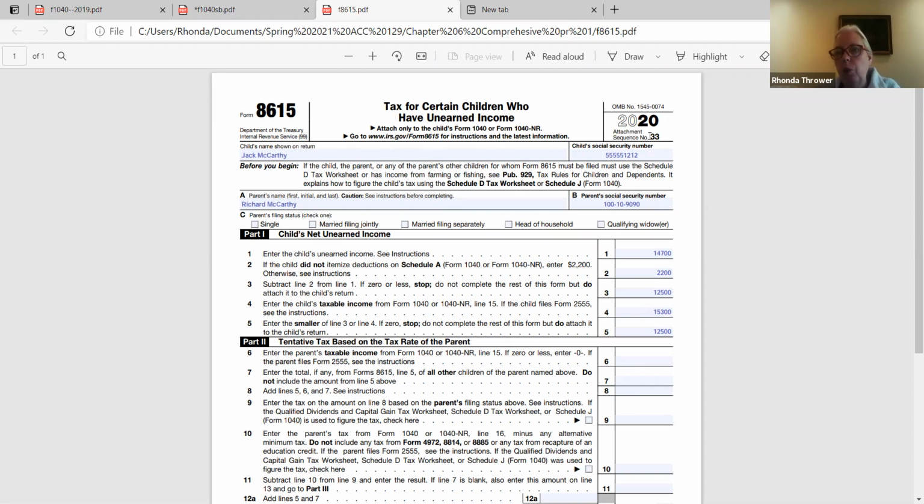But she also put the 2020 form out on Blackboard. So I was just going to leave it as it is because I know there's a lot of confusion about this class. And I wanted to make sure that you know that the 2020 form 8615 changed. It has more lines on it. And so you're going to be using the 2020 form.